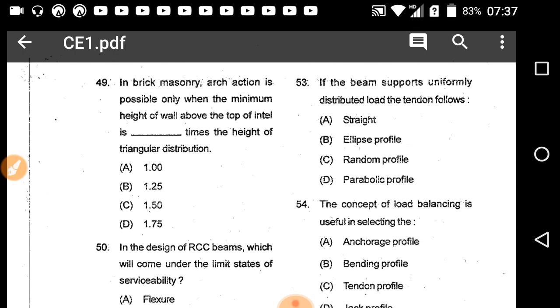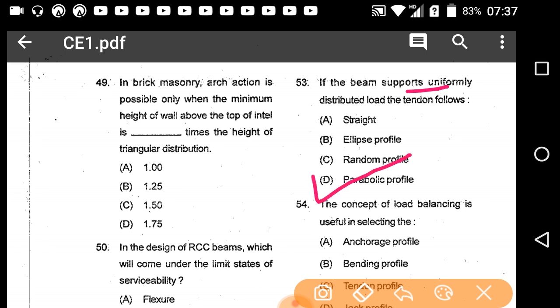If the beam supports uniformly distributed load, the tendon follows a parabolic profile.